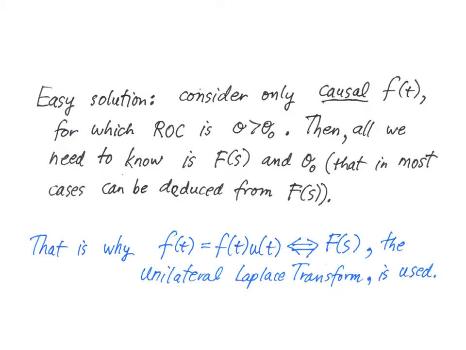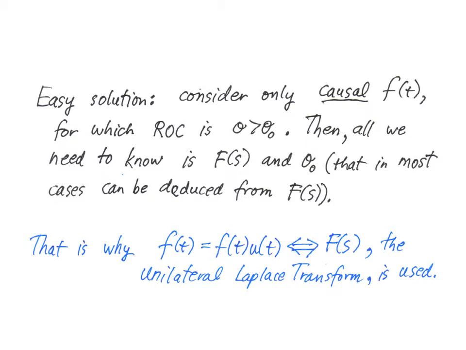We can take the easy way out, however. Instead of worrying about the region of convergence all the time, take only causal functions of time, for which, as I mentioned, the region of convergence is over the range of sigmas that exceeds some value. That is kind of a right half plane.